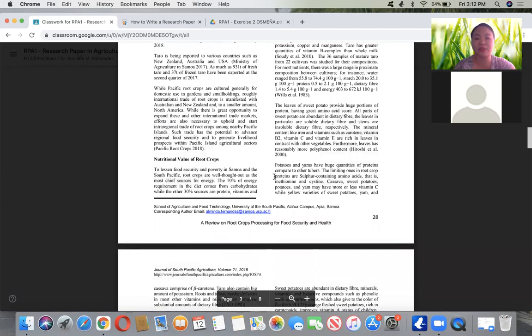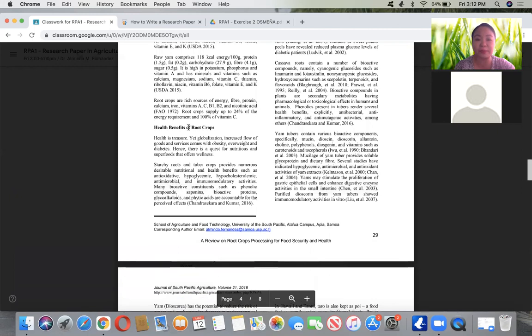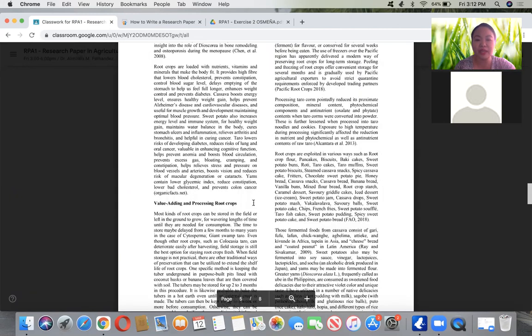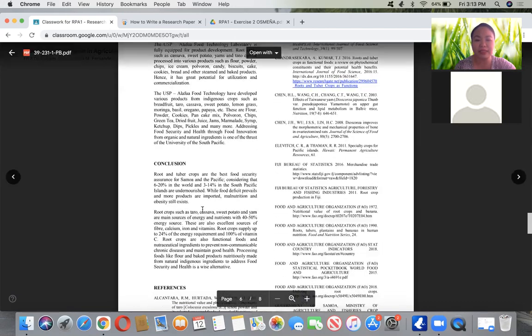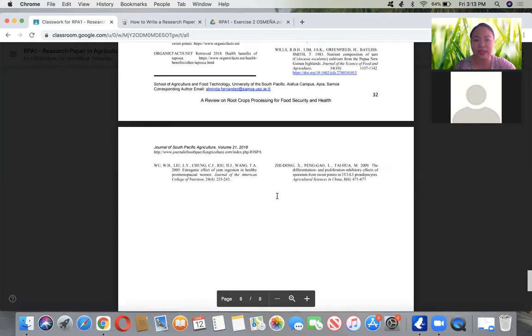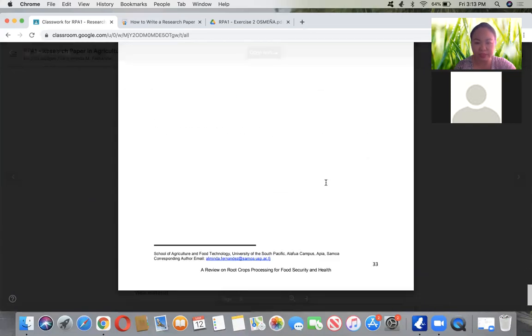Nutritional value of root crops, those are the certain topics under the review paper, the health benefits of root crops, and value adding and processing of root crops, and lastly the conclusion and references. If you notice, I have a lot of references in this publication.